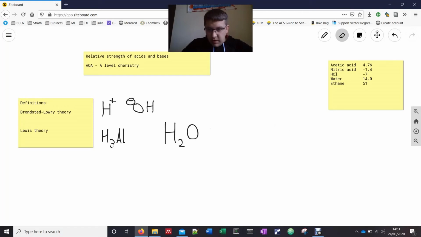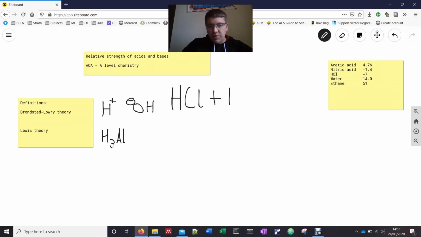Clear some space here. So if we have, let's take an acid, a relatively standard one, hydrochloric acid, we can expect that when we mix it with water, the hydrogen will leave the chlorine and go onto the oxygen of water.